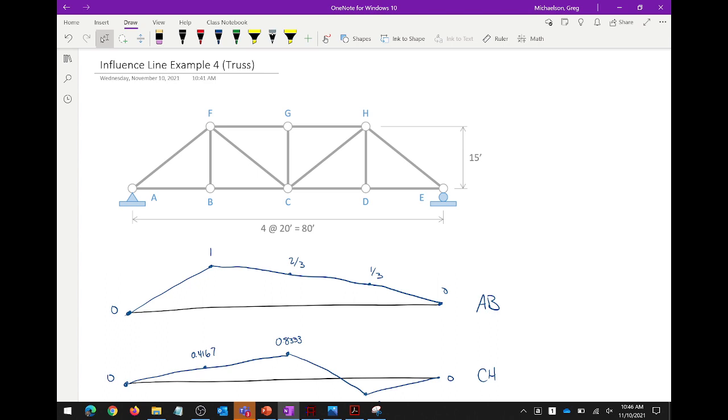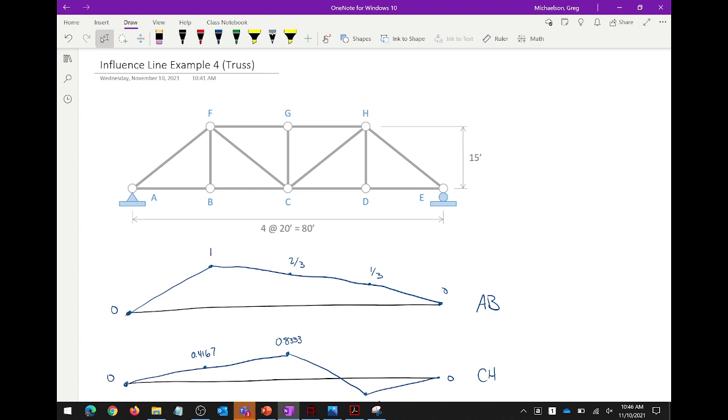Now, this is limited to vertical loads. As soon as you start talking about horizontal loads, this all goes away. But influence lines are not meant to be a tool to assess loads moving like that. They're meant to be assessing loads like this because they were originally developed for bridges, right? That's what they're for. So they are only for transverse moving loads. But that's the only time you'd ever really need them anyways.